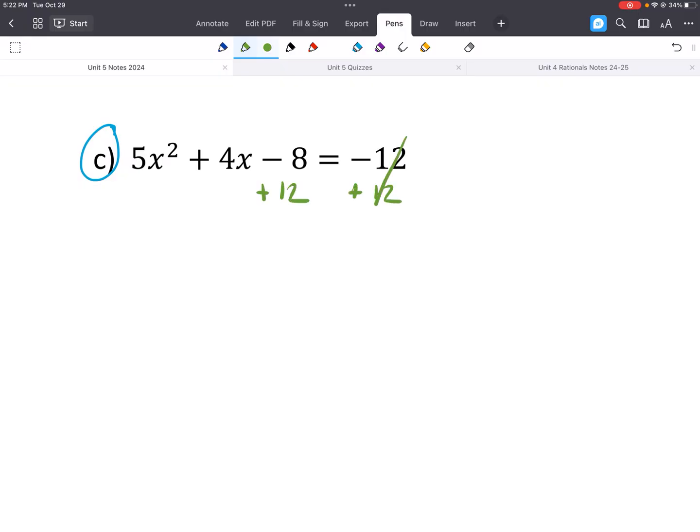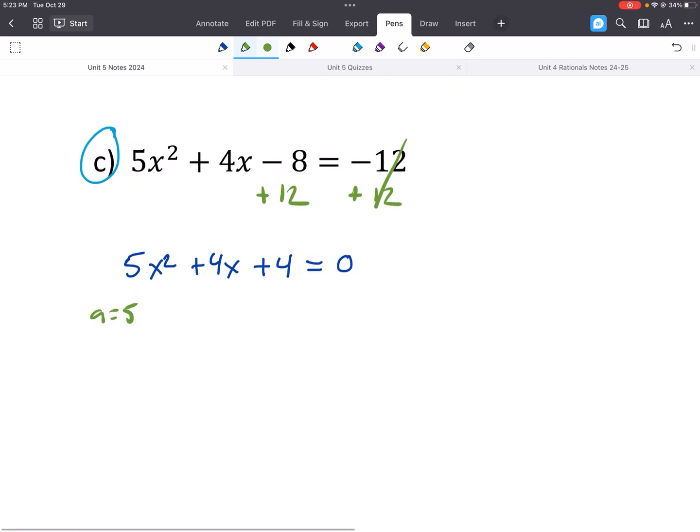So standard form, everything on one side. So 5x squared plus 4x plus 4 equals 0. Identify a is 5, b is 4, and c is 4.